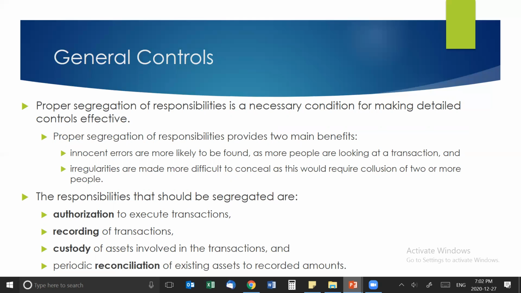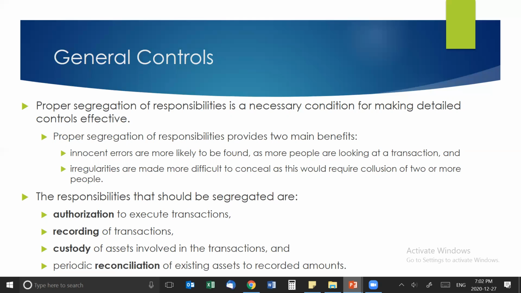Same thing for inventory: there shouldn't be one person purchasing the inventory and receiving the inventory, right? So you want proper segregation of responsibilities so that people can't just conceal. If two people are doing the act, they would have to collude with each other in order to steal. So that's harder to do than if you're on your own.